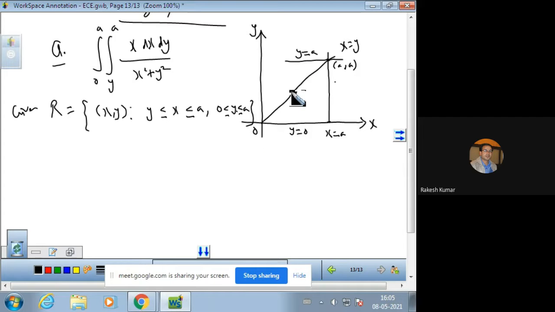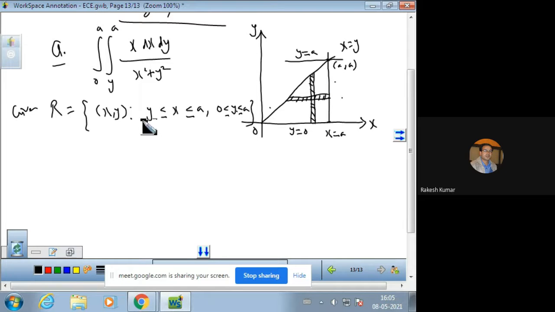I had told you that for the limits of x, we always move through the horizontal stripe from left to right, and for the limits of y, we move through the vertical stripe from down to up.